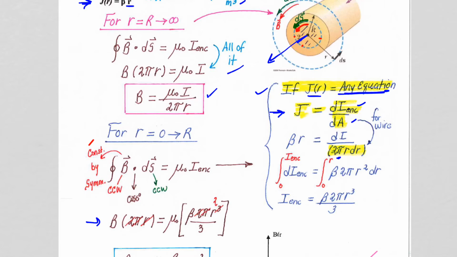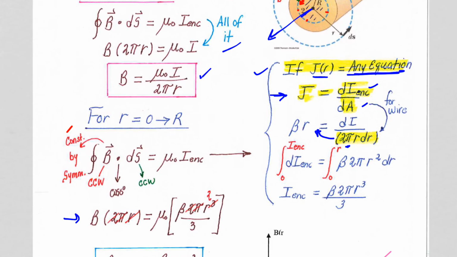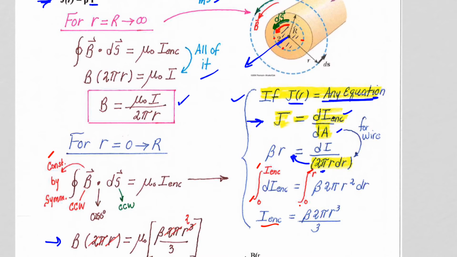Just memorize that. So when we solve it for dI, we bring the 2 pi r dr up with the beta r, and we're going to integrate from 0 to I enclosed to get I enclosed, 0 to little r. Now that little r is the little r that goes to ds.